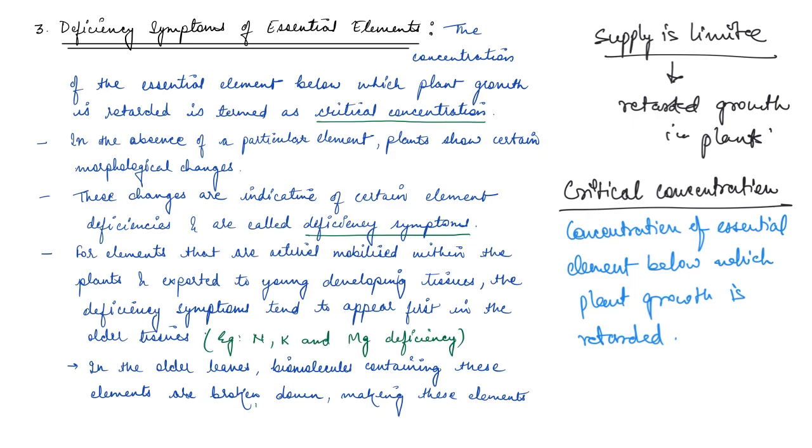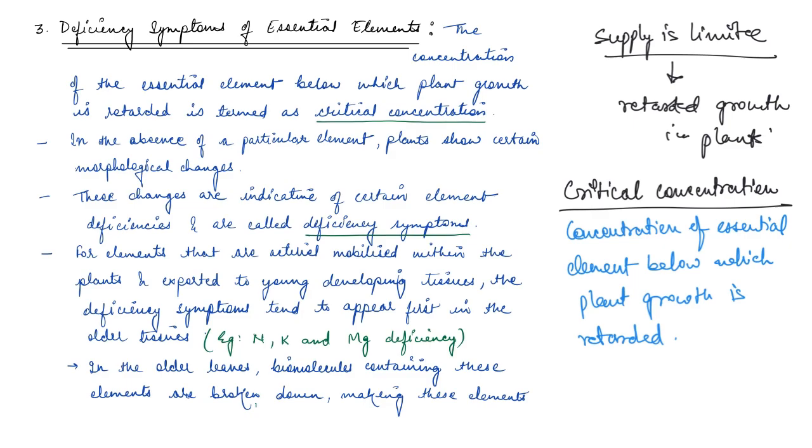So the part of the plant that shows deficiency symptoms also depends on the mobility of the element in the plant, right? There are elements which are actively mobilized within the plant and exported to the young developing tissues as well.